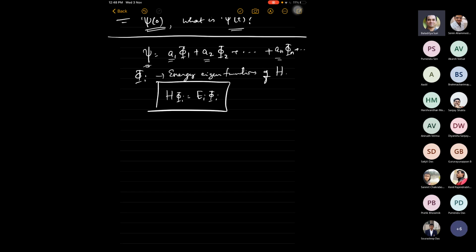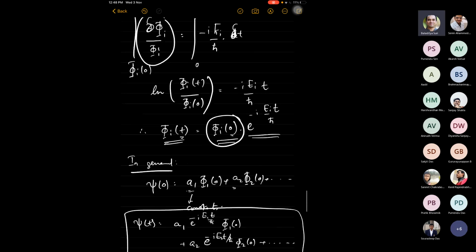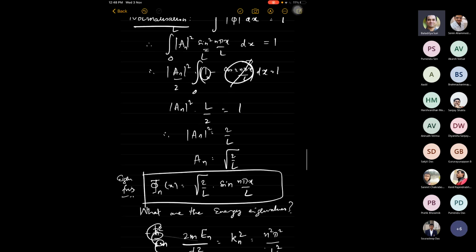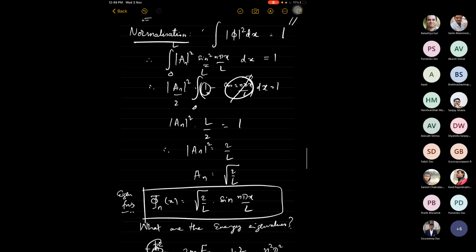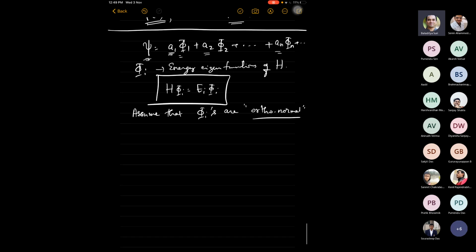All right. So what is the meaning of these a_i's? One very important thing before you interpret this: when you write psi as a superposition of these phi's, we assume that the phi_i's are orthonormal. What do we mean by orthonormal? Firstly, they are orthogonal.